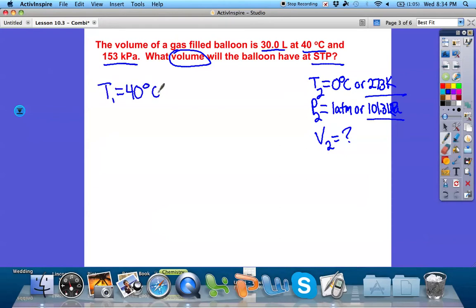Since we have more variables, I like to make a list of what they are versus just trying to plug them into the equation. It helps me keep everything straight. It also helps me check my units to make sure that I have the same units on both sides of the equation.